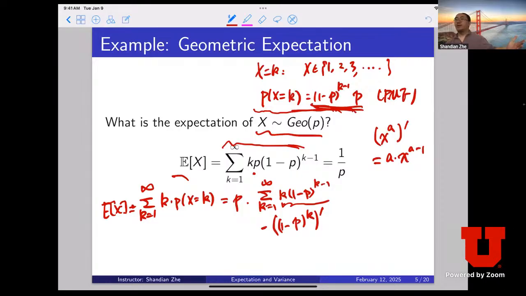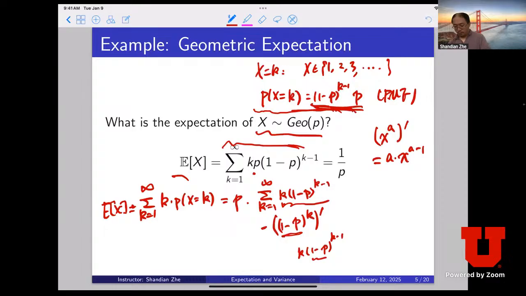If you take the derivative over P, according to the chain rule, you first view this as a whole, so it will be K times 1 minus P to the K minus 1. And then you take the derivative of 1 minus P with respect to P, which is minus 1.